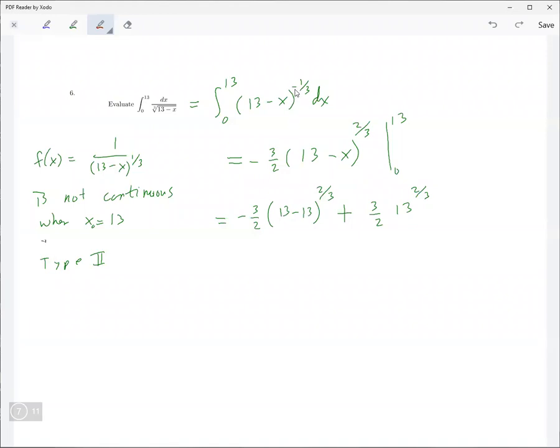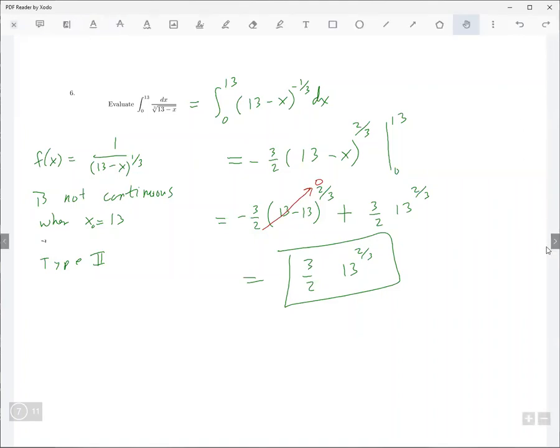Here it was a negative power, but after integrating, it's a positive power, and 0 raised to a positive power is just 0. So all we have left is this part right here: 3/2 times 13 to the 2/3. I don't think you need a times sign, so that's understood to be multiplication.